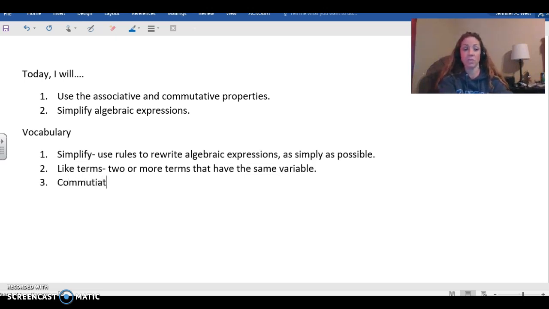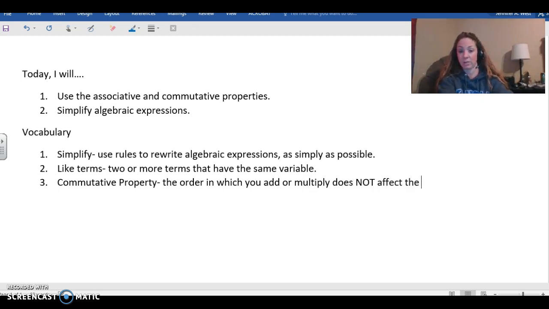The commutative property is the order in which you add or multiply, and it does not affect the sum or the product.